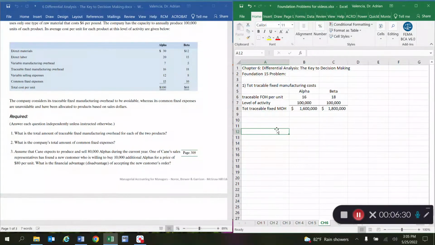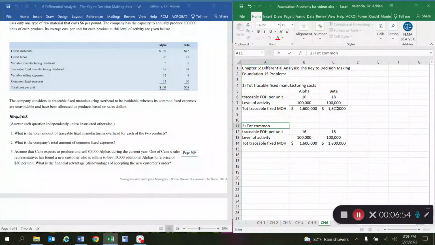Question number 2 is, what is the company's total common fixed expenses? So same thing, we're going to do this based on 100,000 units. So I'm going to copy a little bit of this information here, except I'm going to just change the numbers in the descriptions. This is 2, total common fixed expenses.